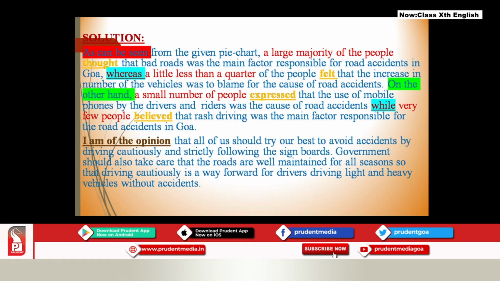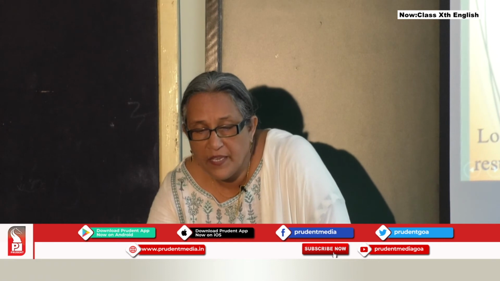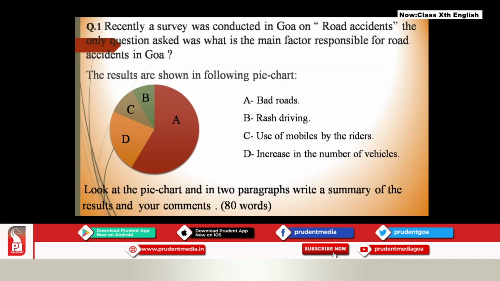Look at the way I build my second sentence. On the other hand, let's look at C and B. C talks about use of mobiles by the riders, and B talks about rash driving.